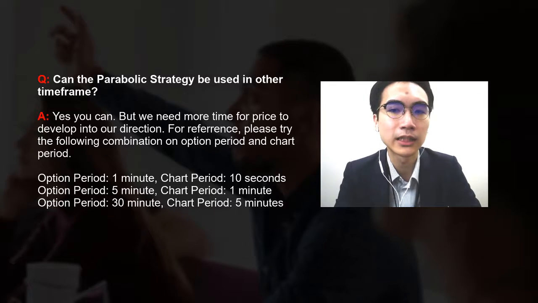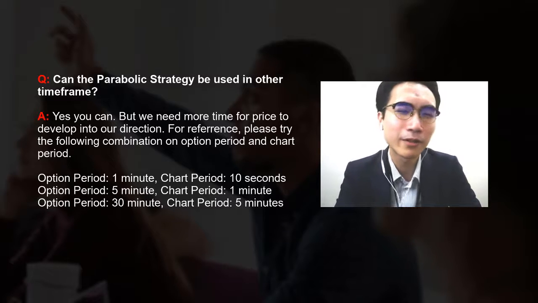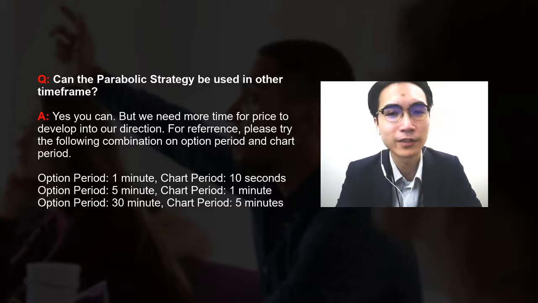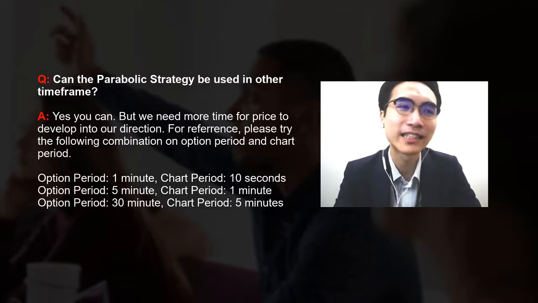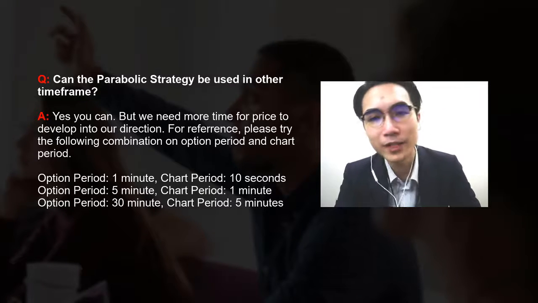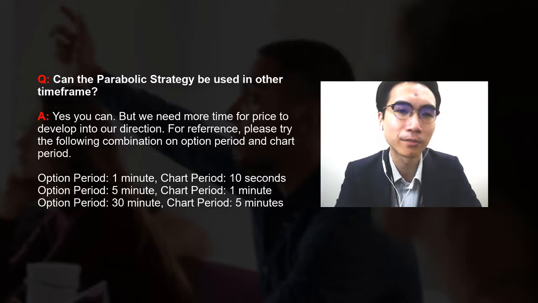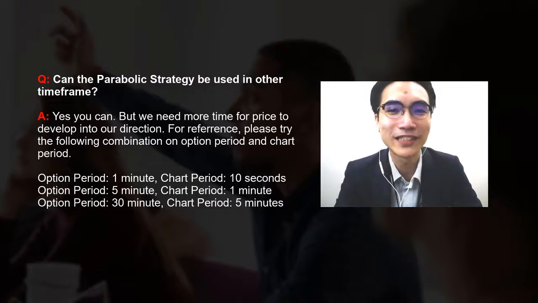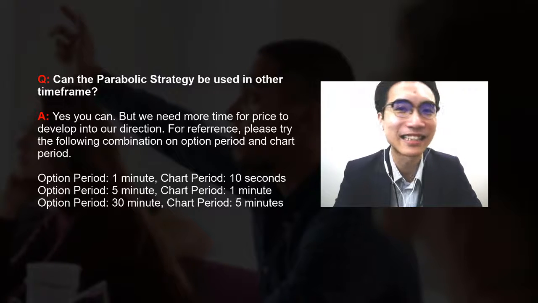Or if you want to use the 5 minutes chart, then you should trade with a 30 minutes option. Just play around with it, use different time frames and different option periods to see which one works better for you, because everyone should have their own preference. Just practice, and I'm sure you will be able to get a hand on it. Okay, let's start the trade for today by using the parabolic SAR.